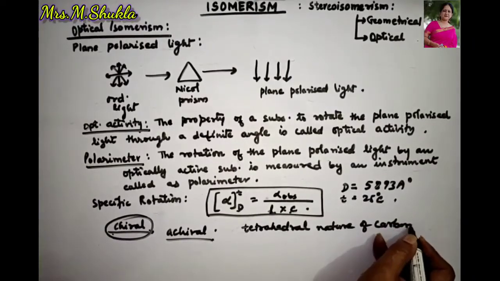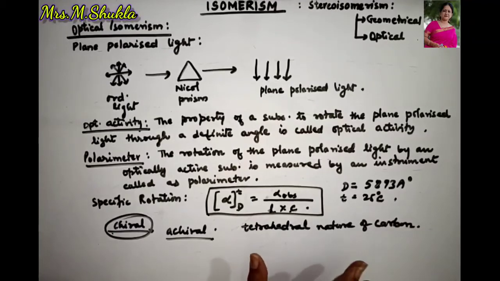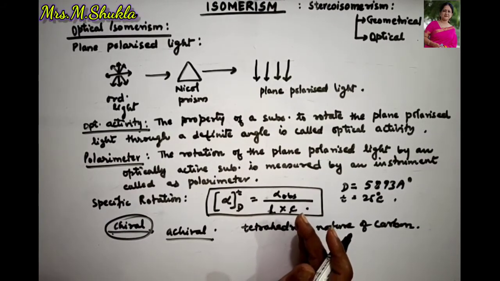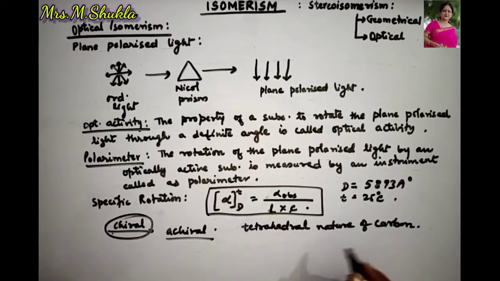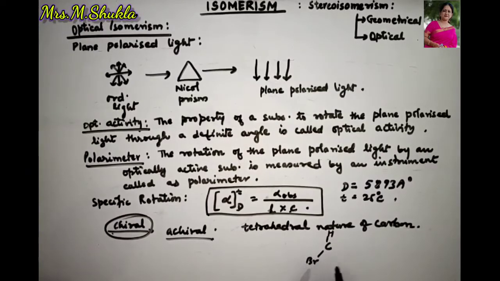When a carbon atom is attached to 4 different atoms or groups, the molecule obtained is always chiral, and the property possessed by it is called chirality. This is, suppose, Br, this is F, and this is Cl.